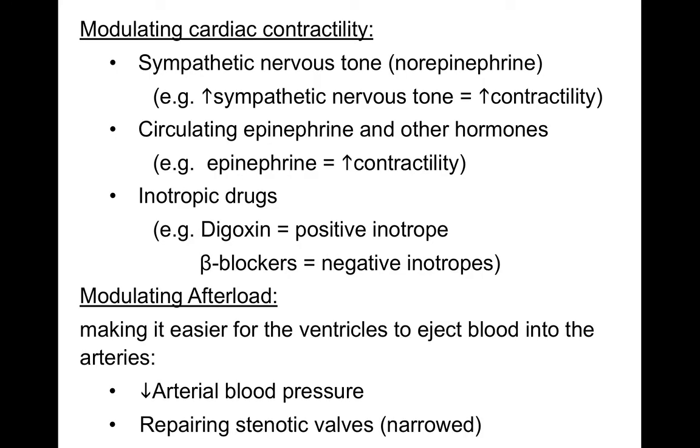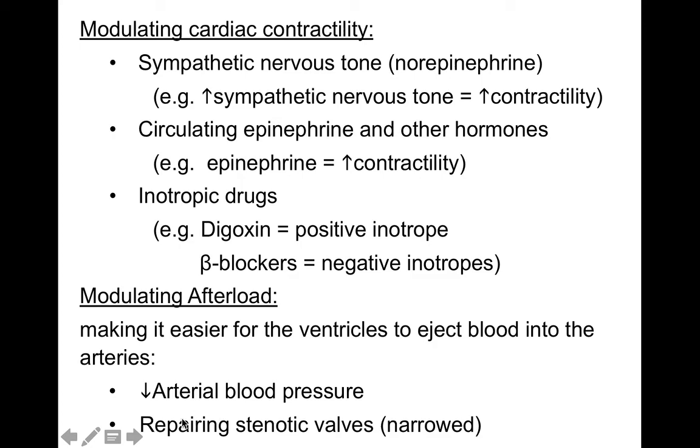Things that modulate afterload will make it easier for the ventricles to eject blood into the arteries. As I mentioned, if you decrease arterial pressure, you'll decrease afterload, making it easier to eject blood, which will decrease the amount of blood being left in the heart, increasing stroke volume. Another thing that can influence afterload is stenosis of the semilunar valves.